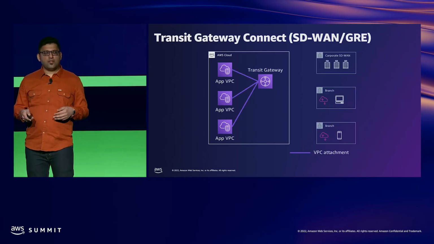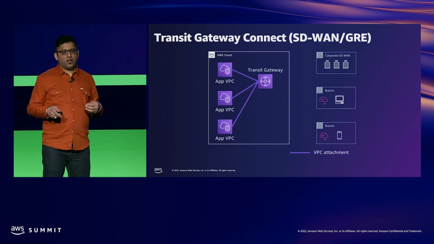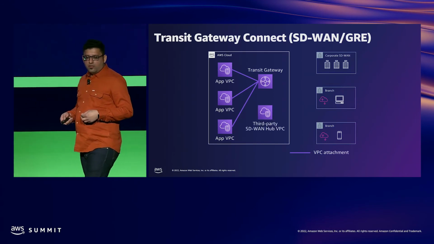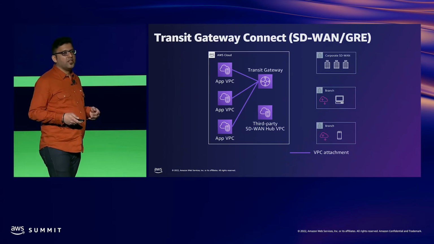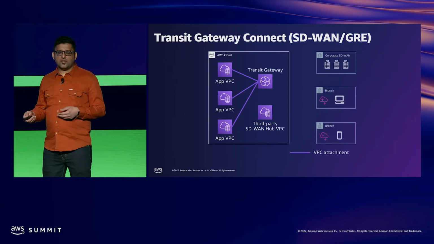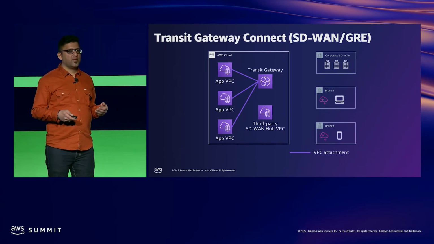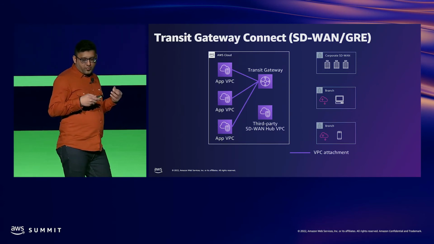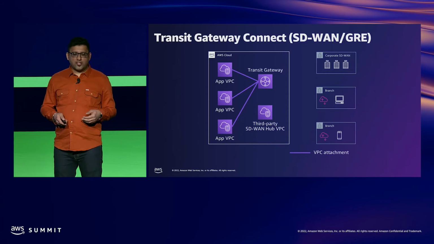However, you also have the corporate data centers as well as your branch offices on the right here. Previously, customers used to have a transit VPC solution that would connect their branches as well as corporate data centers, and that had management overhead, as you also had to manage those VPN connections.